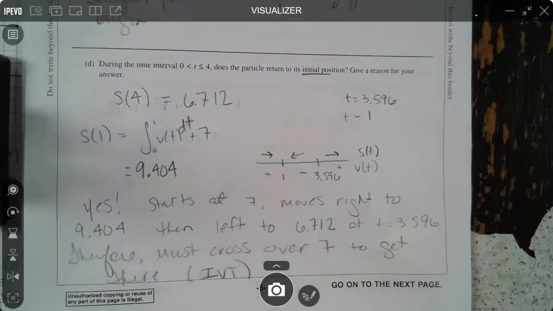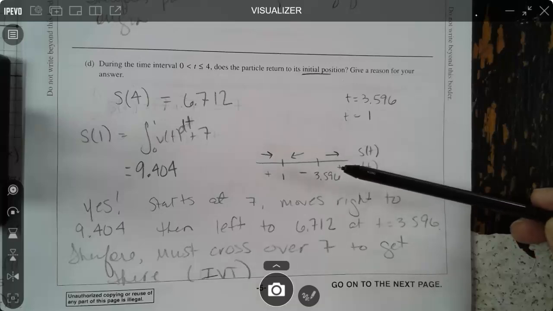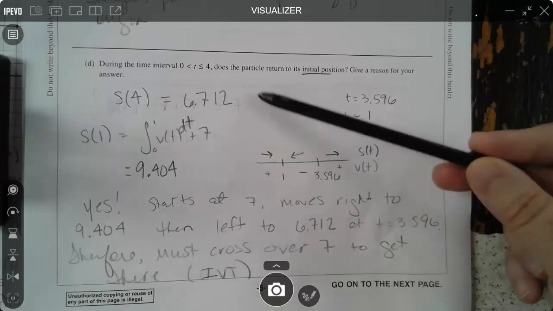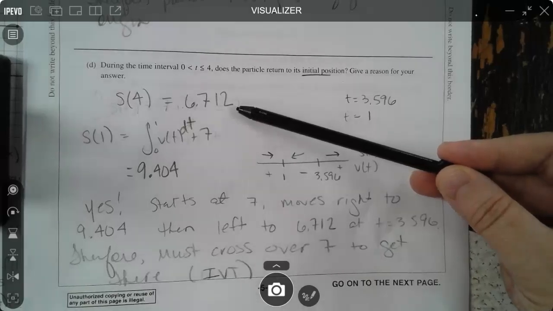All right, during the time interval from 0 to 4, does the particle return to its initial position? This one was harder for me, I thought, because I really had to reason through it. And so you can see where I went through. At 4, it was at 6.712. So at any point in time, does it hit 7?